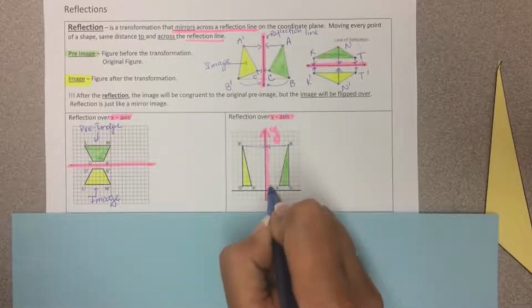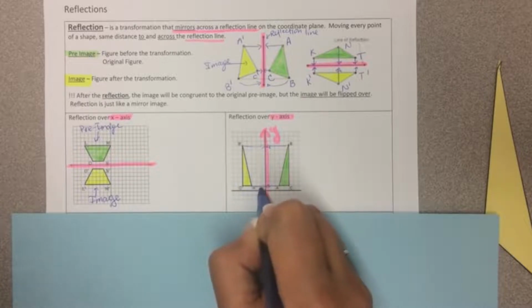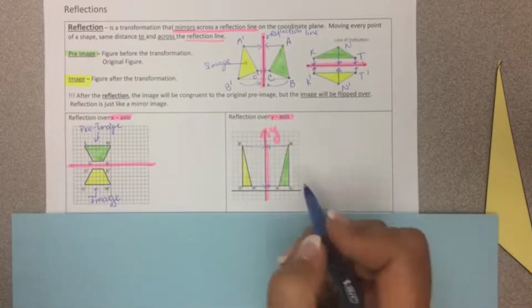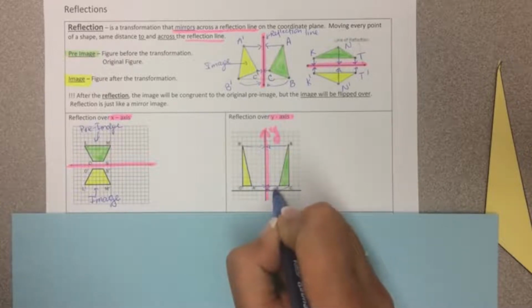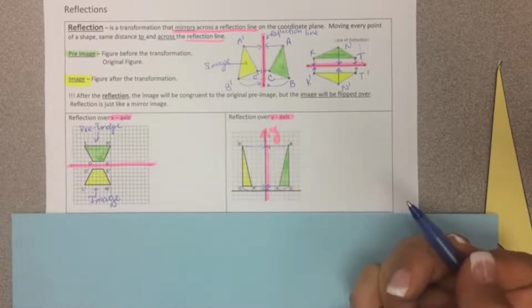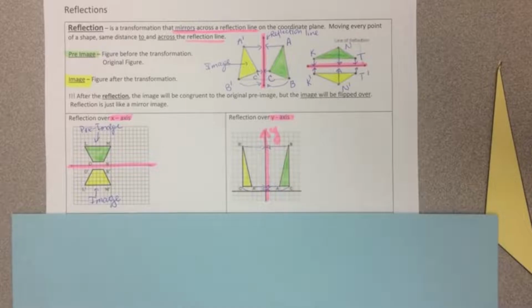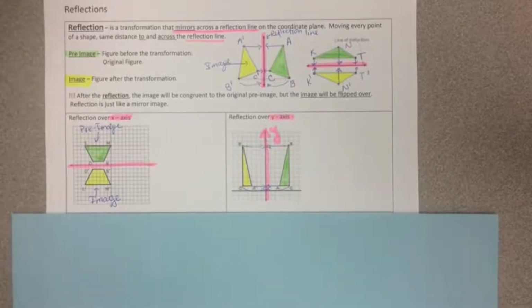Point A, 1, 2, 3, and point A prime, 1, 2, 3. So they're the same distance away. And then point C, 1, 2, 3, 4, 5, and 1, 2, 3, 4, 5. So that is a perfect match. Every vertex is the same distance to and away from the reflection line.